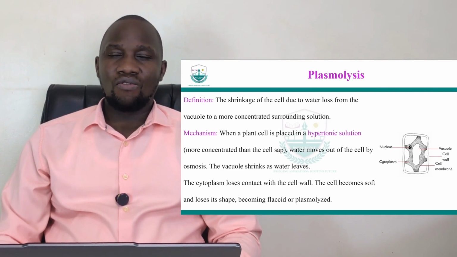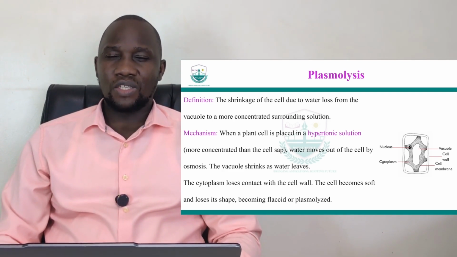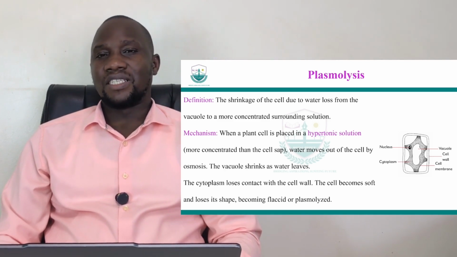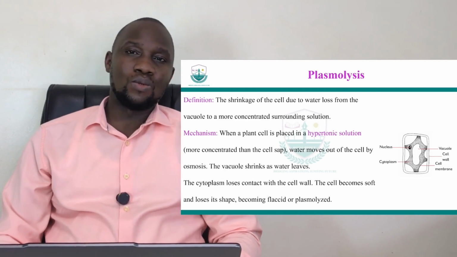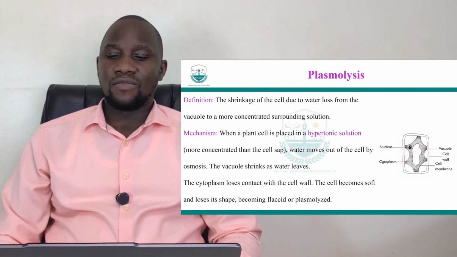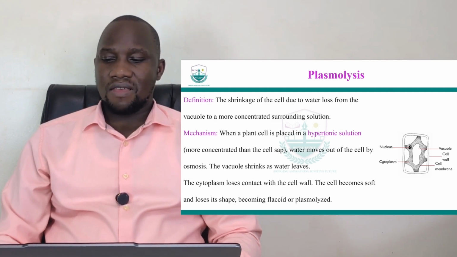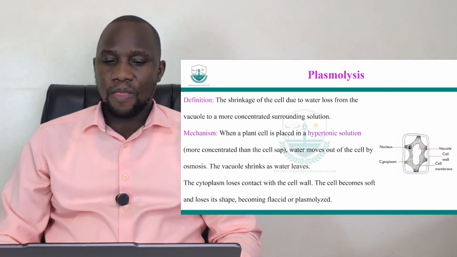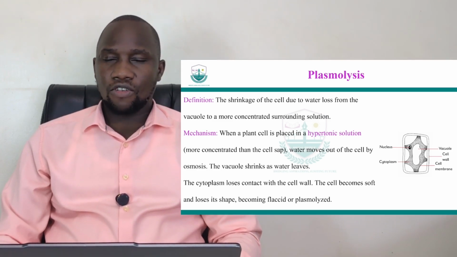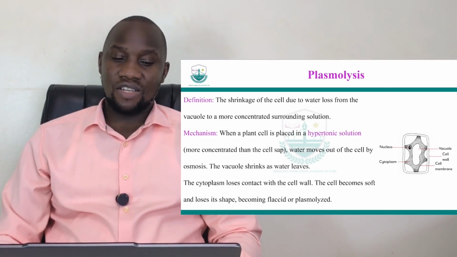So the tendency of these water molecules to move into it is actually less. And therefore, instead, the water molecules will move from the cell into the hypertonic solution. And therefore, you will have shrinkage, and you will have a plasmolysed cell.